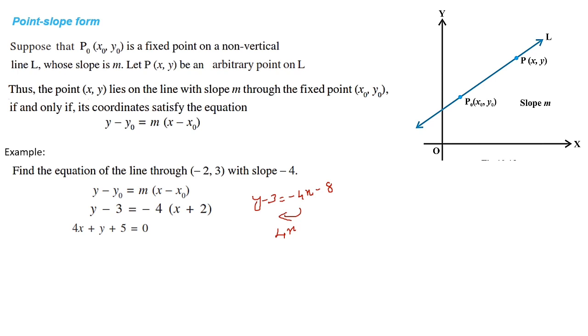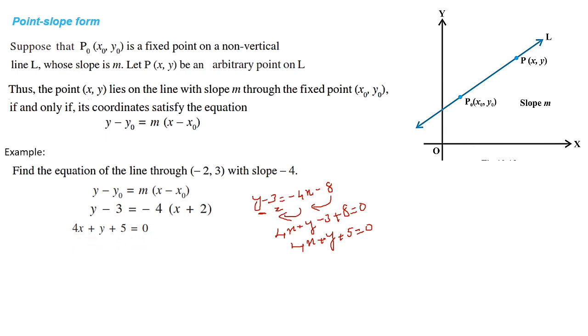Then on the left side there is plus y, and minus 3 is there, and this minus 8 we can bring to the left side, that is plus 8, equal to 0. When you do the calculation, 4x plus y minus 3 plus 8, which is plus 5, is equal to 0. So the same equation we have got: 4x plus y plus 5 is equal to 0.